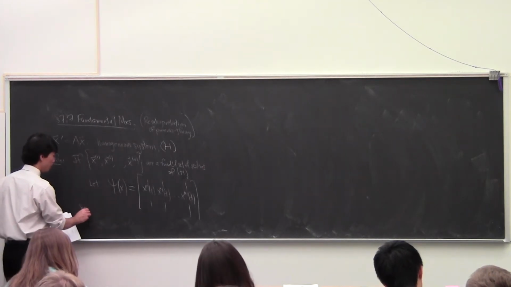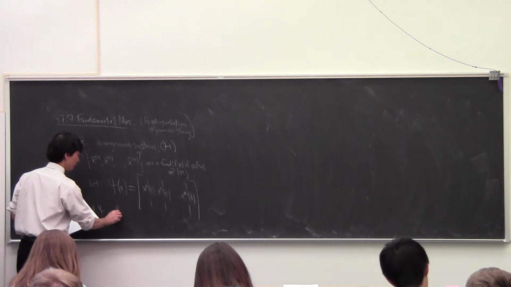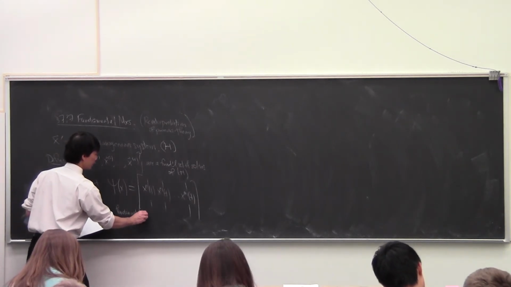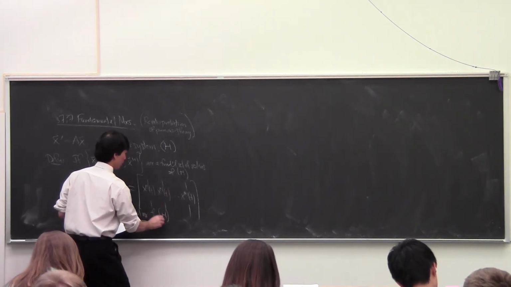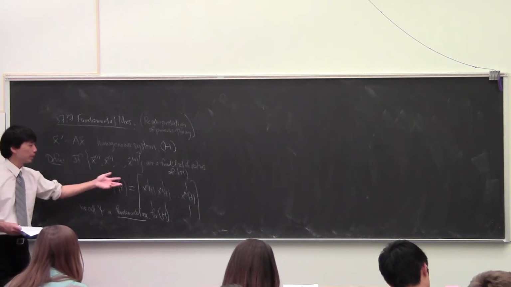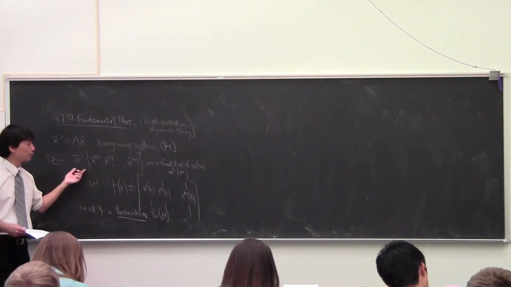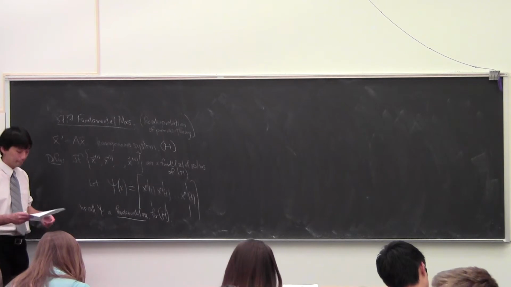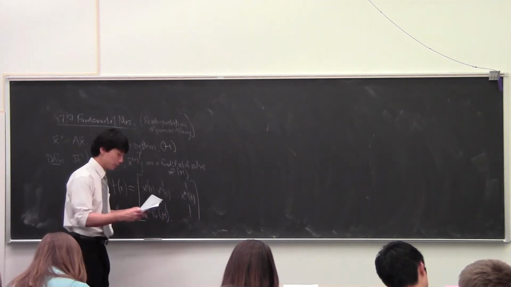We call this thing C a fundamental matrix for that system. All it is is a matrix where the columns are linearly independent solutions of that system. And this is a function.